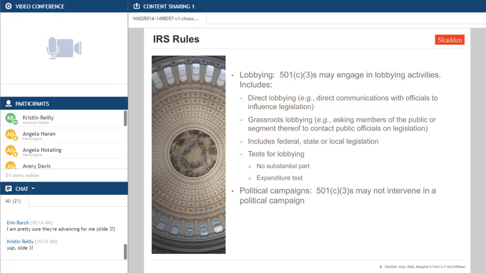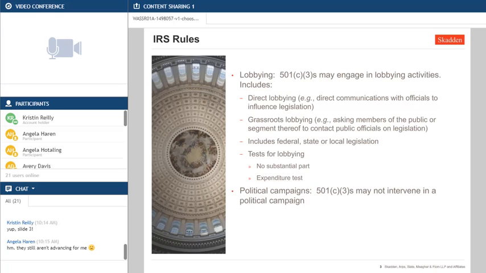So this bottom bullet here, political campaigns, this is something you can't do anything of. Charities simply cannot intervene in any kind of election or campaign for any kind of elective office. So you can't do anything like politicking for your favorite congressman.